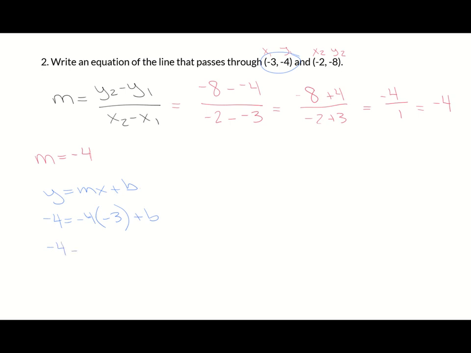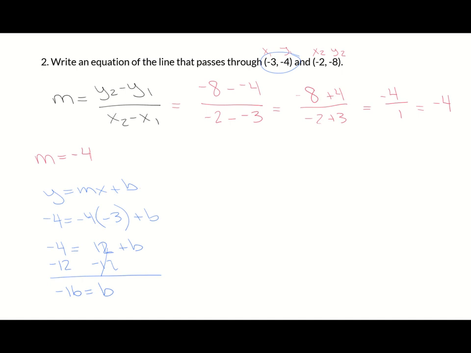So I've got -4 equals -4 times -3 is 12, 12 plus b. So to solve for the b, I'm going to subtract 12 from both sides. And that would give me -16 equals b.